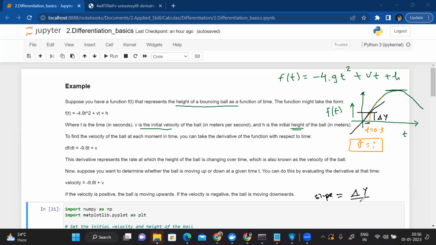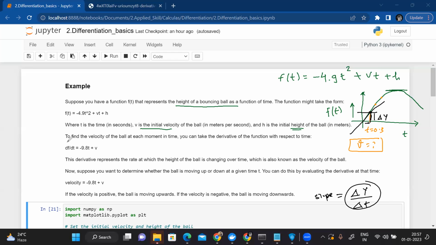That means what? We are trying to find out this thing. Are you getting my point? So we need to understand what will be the slope at this particular point. If we can find out the slope at this particular point, we can tell what is the velocity. Okay, basically.